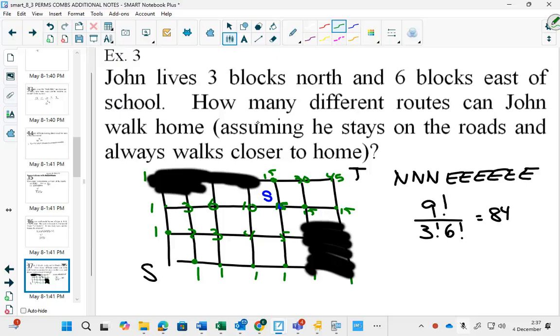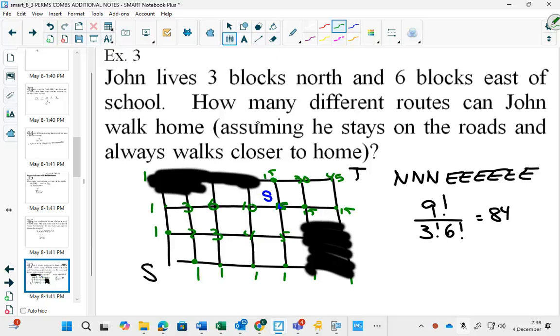Now we could add a new twist to this, and that says, something has happened, and John has to walk home from school, but he is not allowed to walk by Susie's house. Now we have the not strategy.